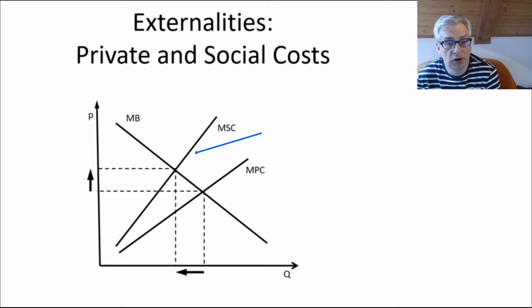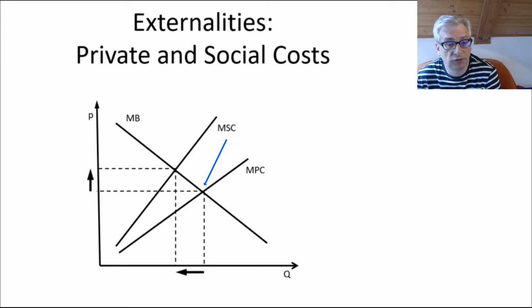Hence, marginal social costs would be bigger than marginal private costs. If we look at the private side of the market, the private picture of the market, then we've got marginal benefits, marginal private costs, and the equilibrium that stems out of that.